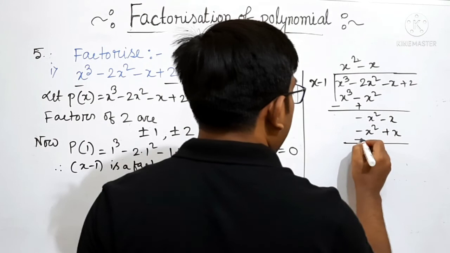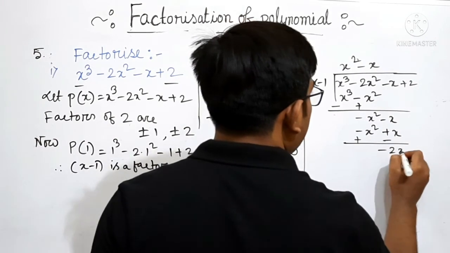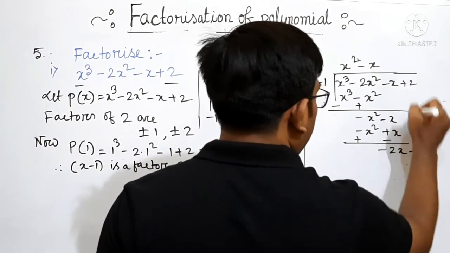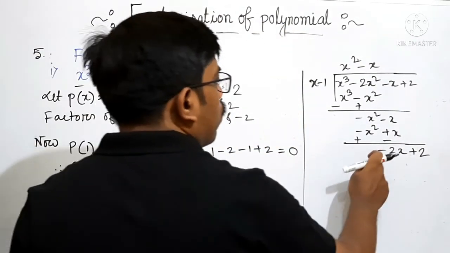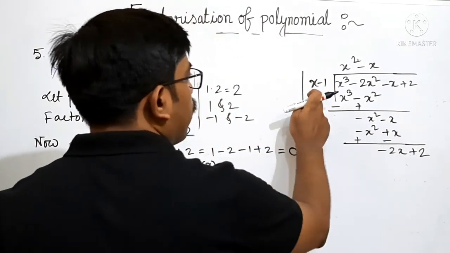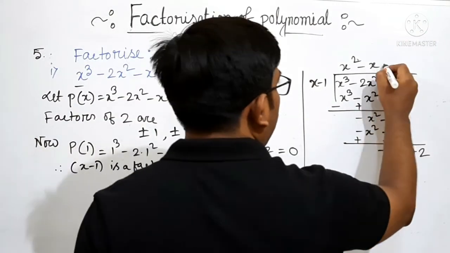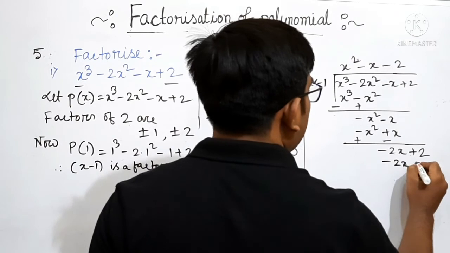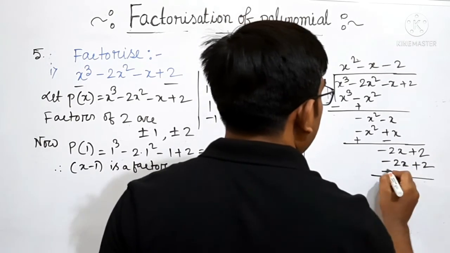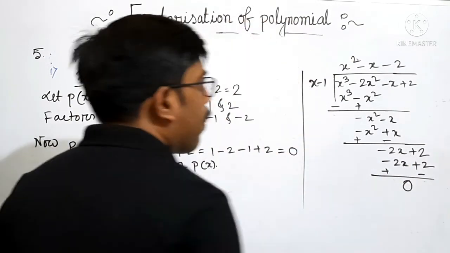Then minus minus plus, it will be minus. So it will be minus 2x and from here plus 2. Now to get minus 2x we have to multiply x by minus 2 and it will be minus 2x plus 2. So plus minus it will be 0.